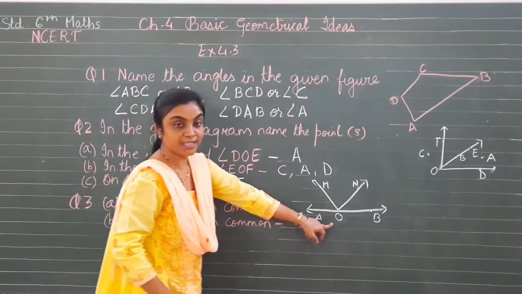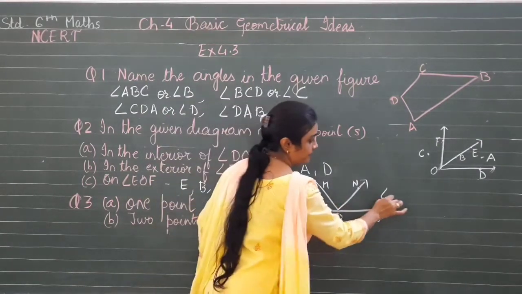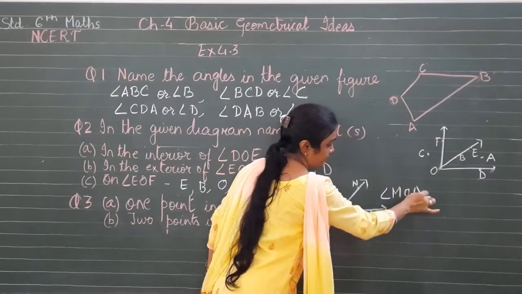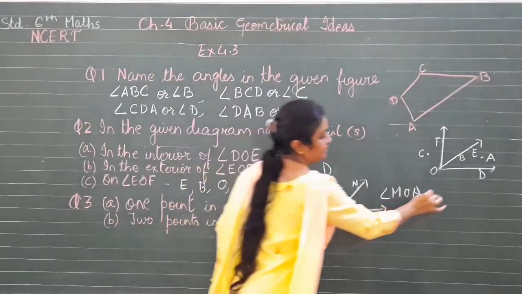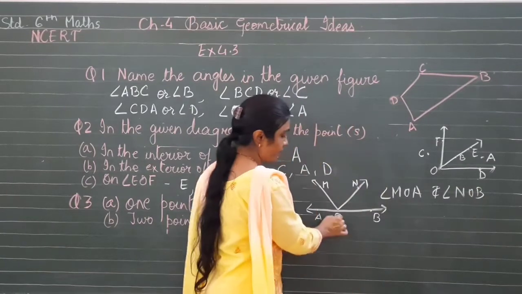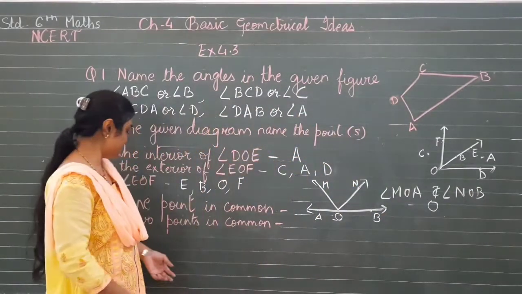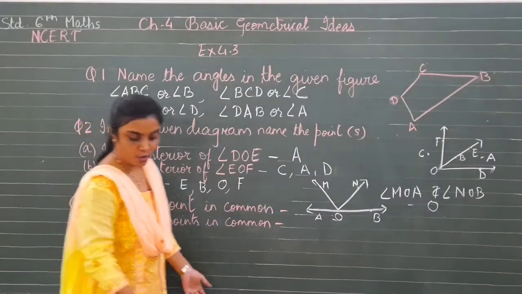Okay, so one point common. So angle MOA and angle NOB have one common point. The common point is O. Now let us see the second, 2 points in common.